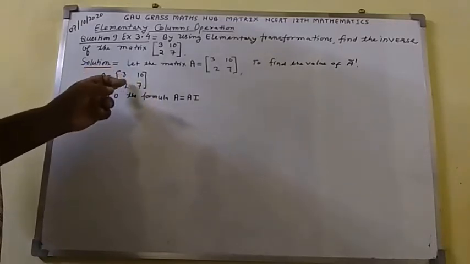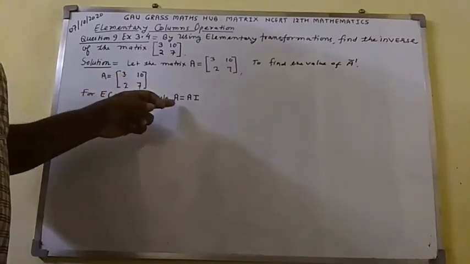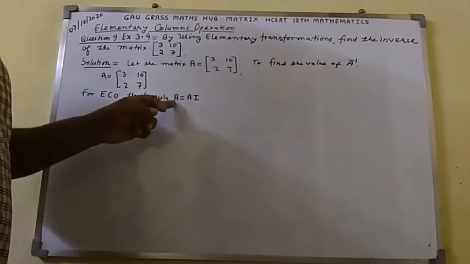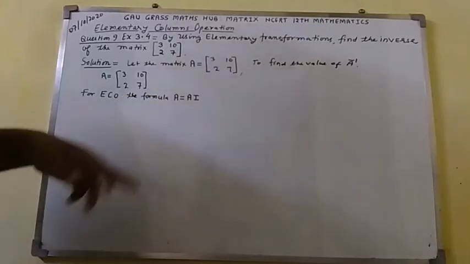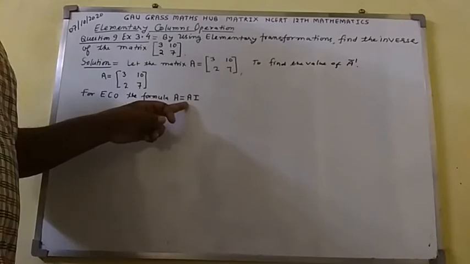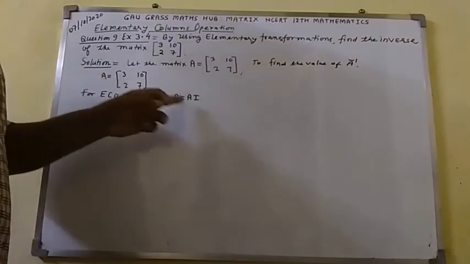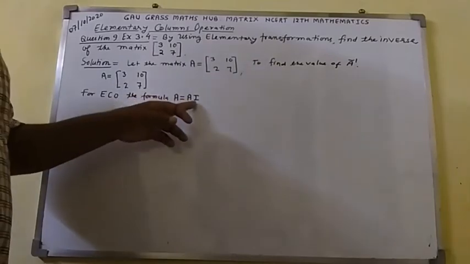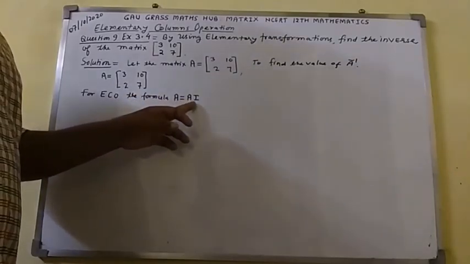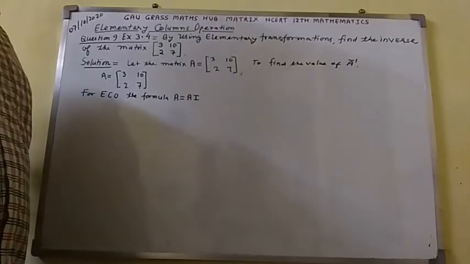This is the matrix given in the question paper itself, having order 2 cross 2. The same thing I have reflected here. And here A is also a given matrix of order 2 cross 2, and here I will be the identity matrix of order 2 cross 2.